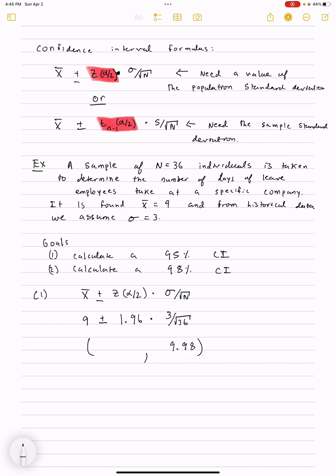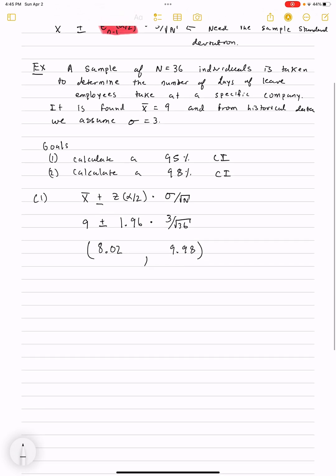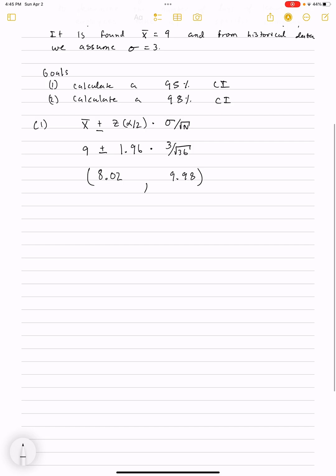And I get 8.02. So if I was asked for the confidence interval for the average number of days of leave at a 95% confidence interval, it'd be 8.02 to 9.98, so about 8 days to 10 days is how many days of leave an average employee takes with 95% confidence.